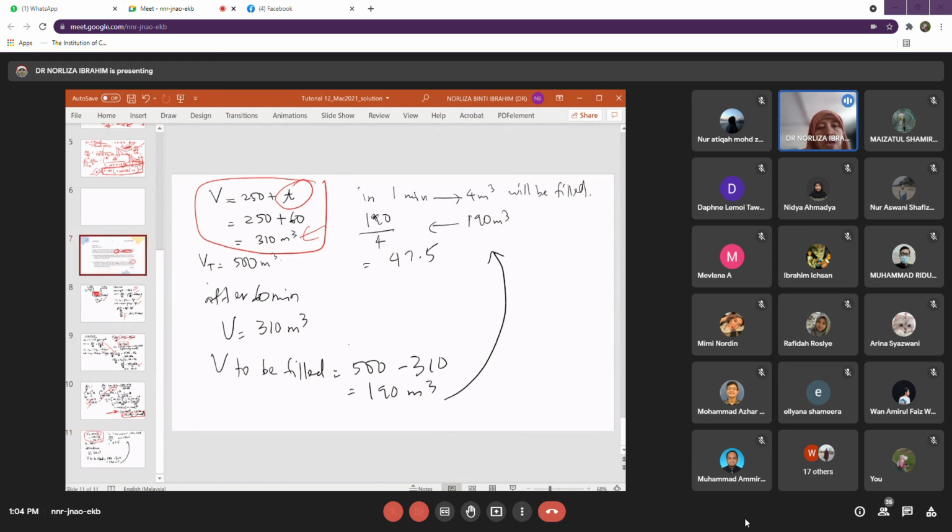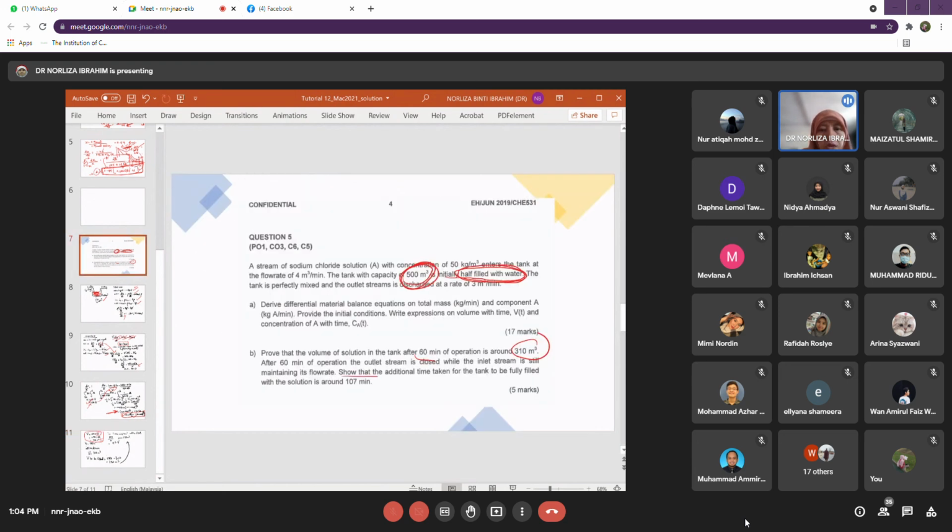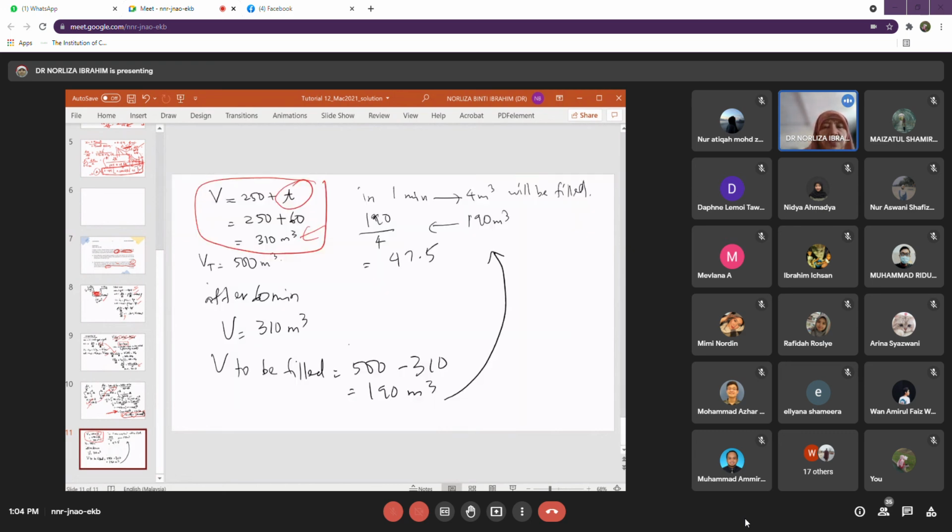And then the time taken, show that the additional time taken for the tank to be fully filled with the solution is around 107 minutes. Okay. So from 250, after 60 minutes, it has become 310 meter cube.